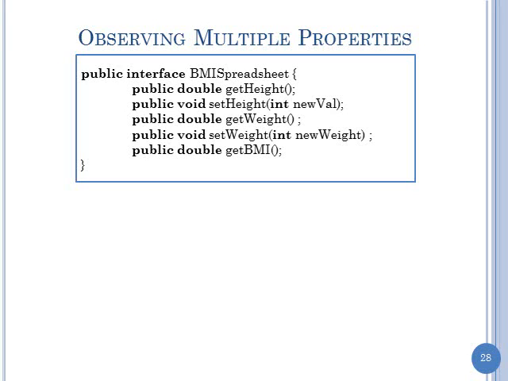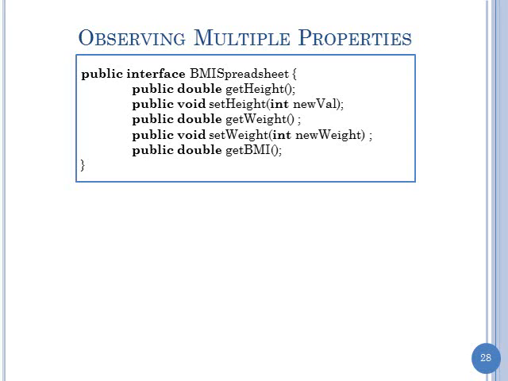It's a read method, right? So only the set methods need to notify. So set height, what should it send out? So we have an update method that takes 2 arguments, old height, new height. What about set weight?